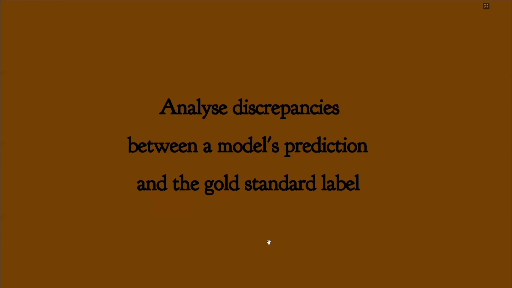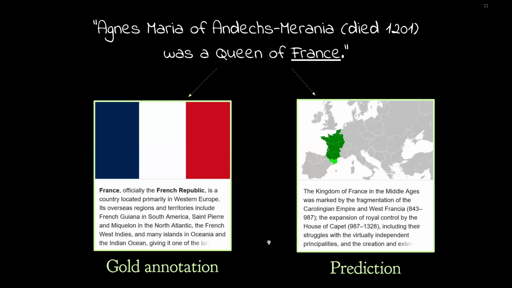What you can still do is analyze the discrepancies between the predictions that your model makes and the gold standard label. We saw some of these example sentences before, but this was a sentence that came up when I was doing this evaluation. I didn't have multiple annotators at the time, but I did have the model's prediction and the gold annotation.